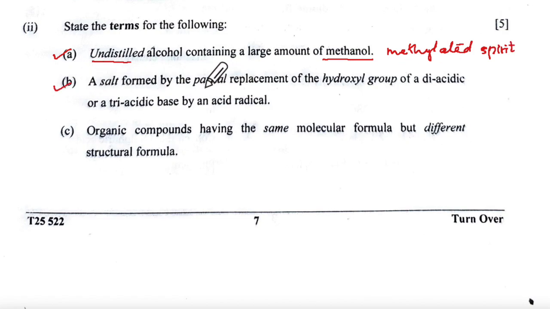The salt formed by partial replacement of the hydroxyl group of a diacidic or triacidic base by acid radical is going to be the basic salt. That is the definition of basic salt. Third part, organic compound having same molecular formula but different structural formula, that is isomers.